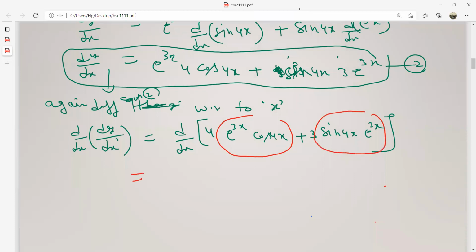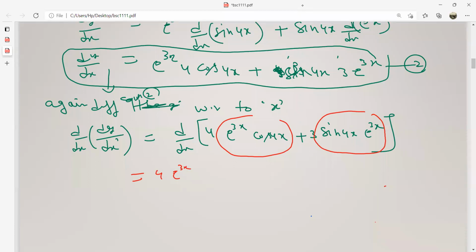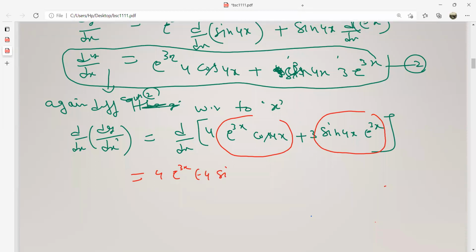Taking e^(3x) as the first function, the derivative of cos 4x, where 4 is constant, is minus 4 sin 4x, plus 4 cos 4x and the derivative of e^(3x), which is 3e^(3x).